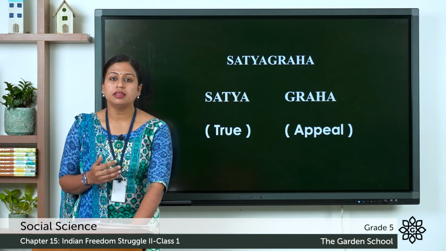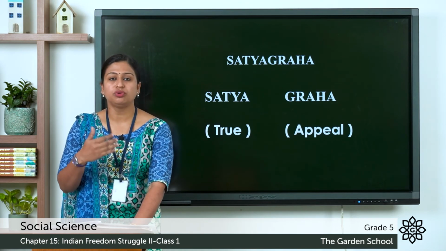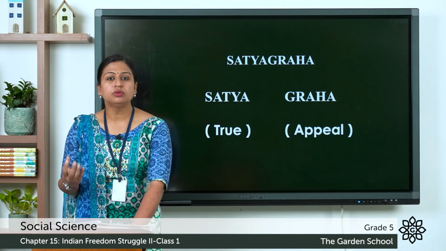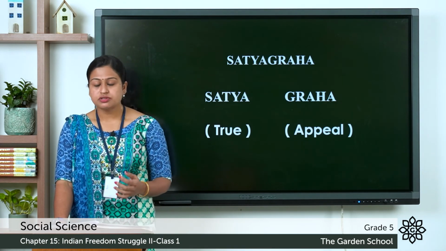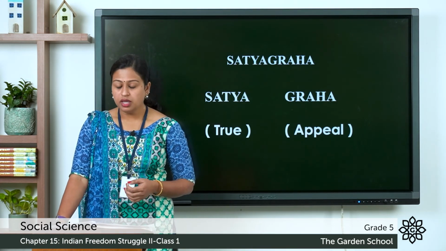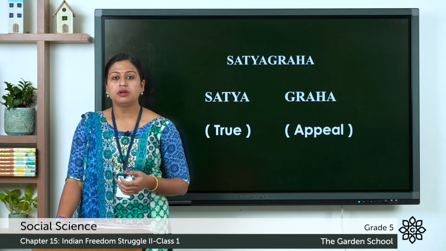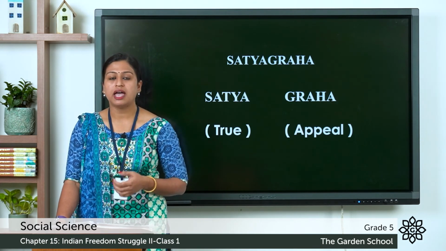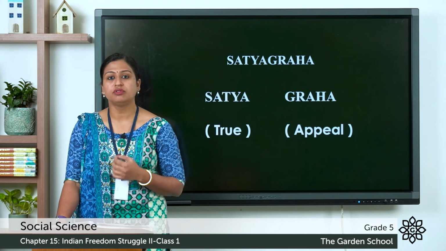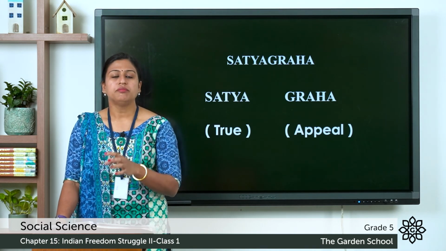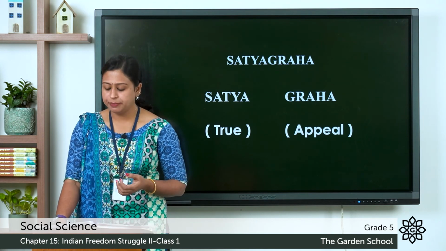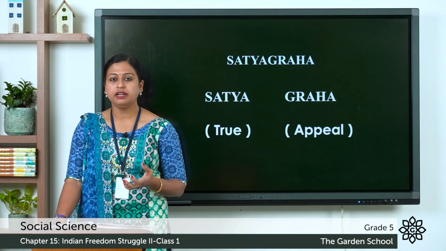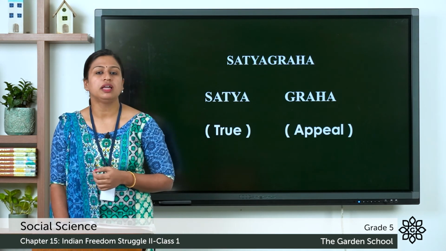So, Mahatma Gandhi asked the leaders to go to villages and include the peasants, artisans and workers in the struggle for freedom. He also urged people to boycott foreign goods and to use khadi and hand woven clothes that are made in India. And with the support of the common people, the struggle for freedom spread to the whole nation.